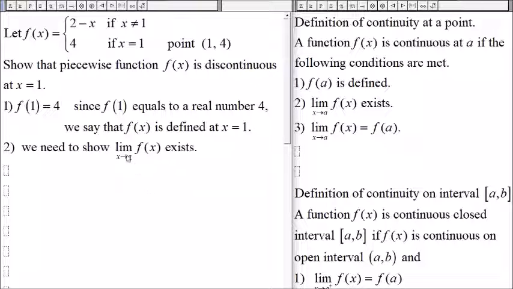To show that the limit exists, we need to show the limit from the left and the limit from the right, and they have to be equal in order for the limit to exist. Since we're trying to show this at x equal to 1, a is 1, so we need to show the limit from the left of 1.